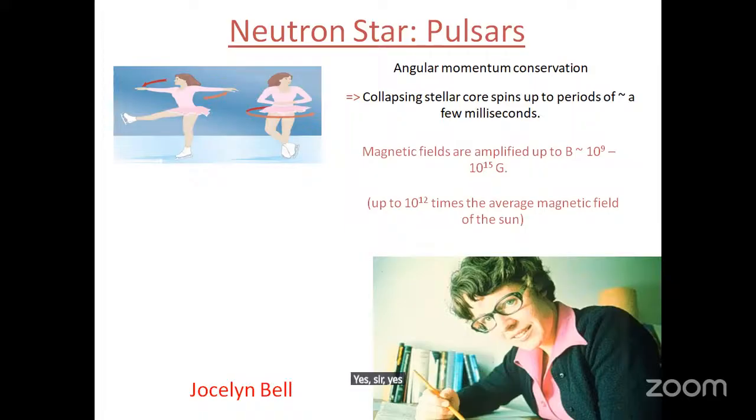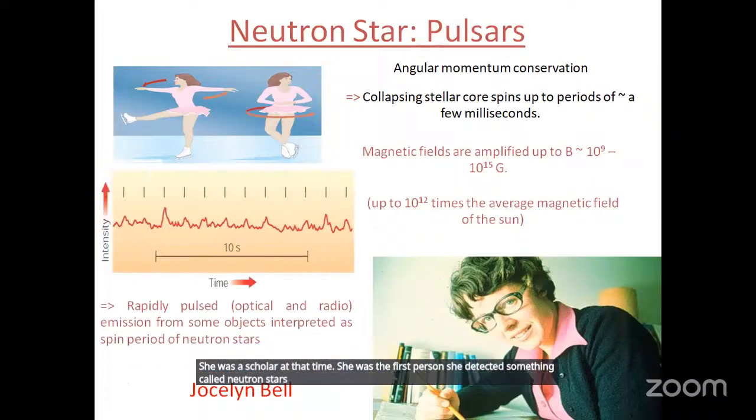So she is the lady, Jocelyn Bell, and her boss. She was a scholar at that time. She was the first person to detect neutron stars, and she found pulses coming from one object.